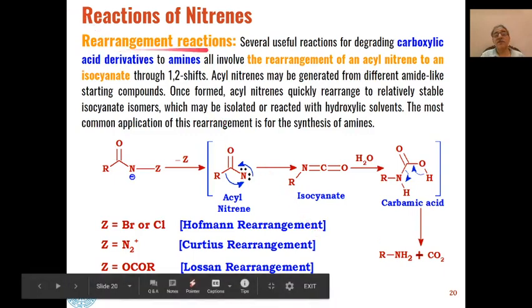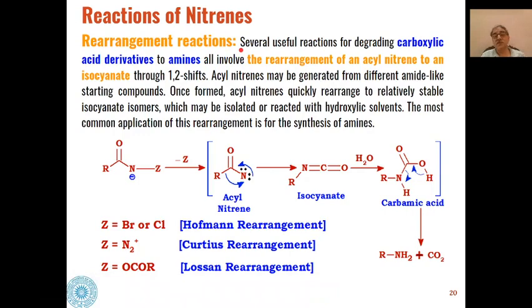Then rearrangement reactions in the case of nitrenes. As I have told you, there are many rearrangement reactions where nitrenes are the intermediates, and these reactions are the degradation of carboxylic acid derivatives to amines.